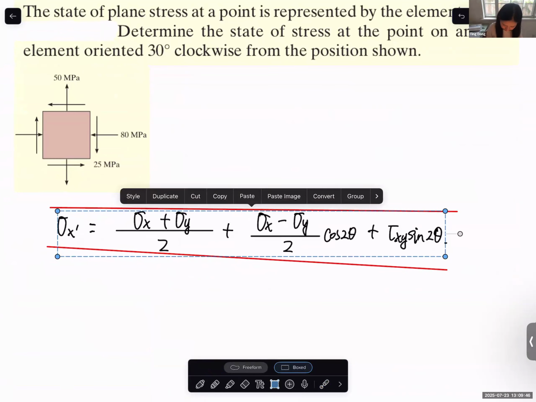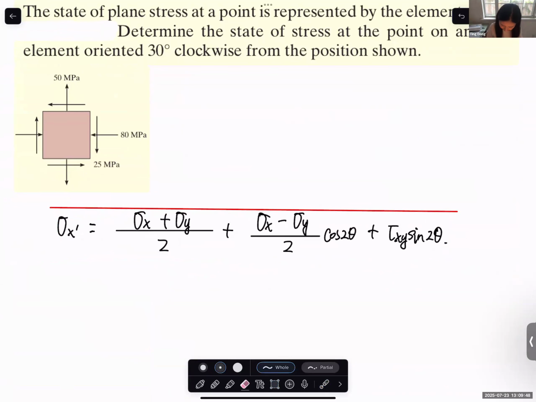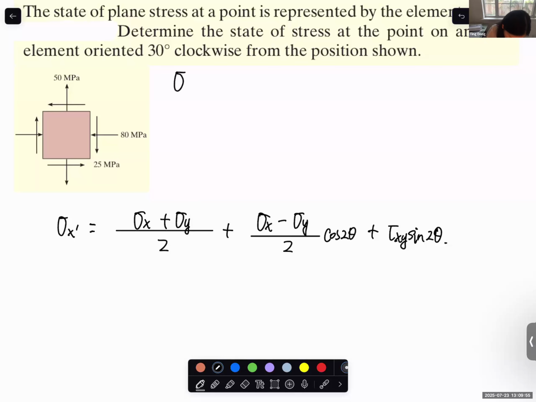Of course, there's nothing tricky here. You just plug numbers into the equation. But first, let's make it clear what the numbers are, let's say for sigma x. It's given as 80 in the graph. Should we put positive 80 or negative 80?